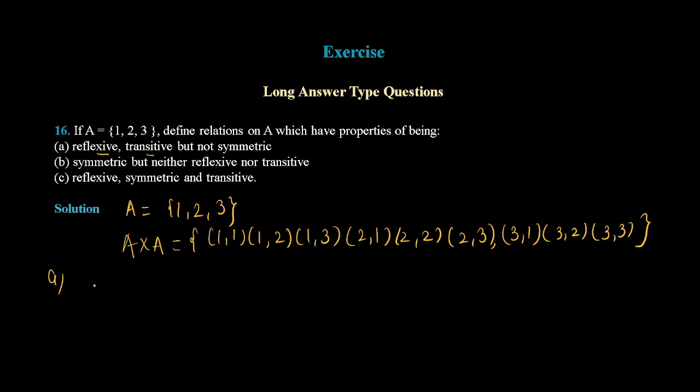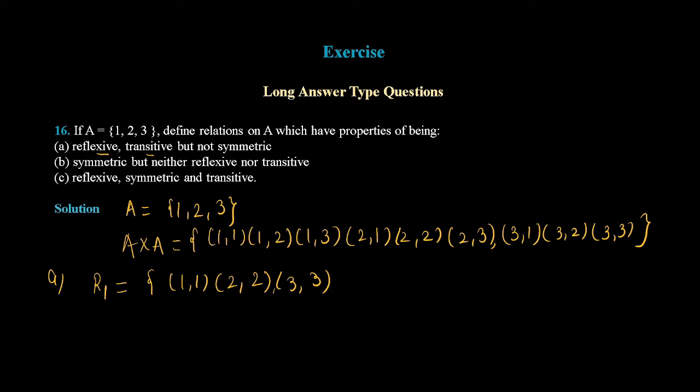In this case, I'm defining my relation R1 as having elements, first, suppose (1,1), (2,2), and (3,3). These three elements should be there because they make the relation reflexive. Now, to make it transitive, what do we need to add? This relation is automatically reflexive and transitive, but it is symmetric also.